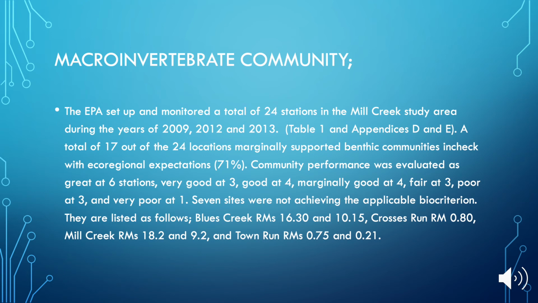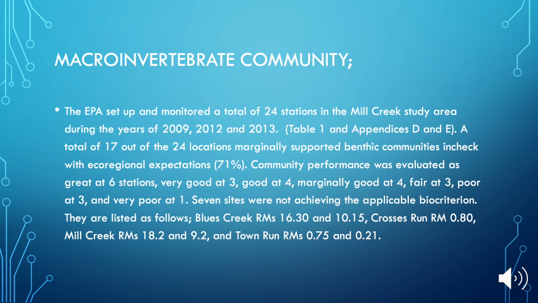So 17 out of the 24 locations marginally supported benthic communities, which was acceptable with the expectation. So that's 71%. It's good to keep in mind, they were good at 3 stations, good at 3 at another site, good at 4, marginally good at 4, and fair at another 3 areas. But there were some poor evaluations cited.